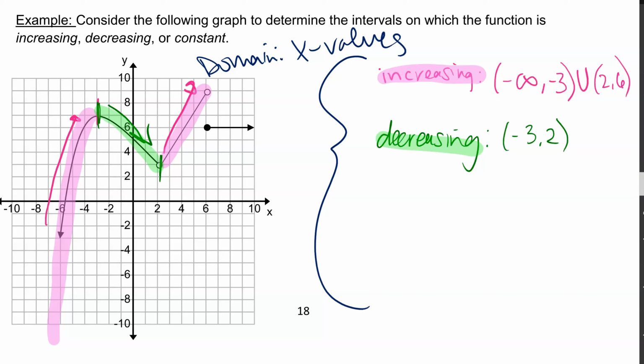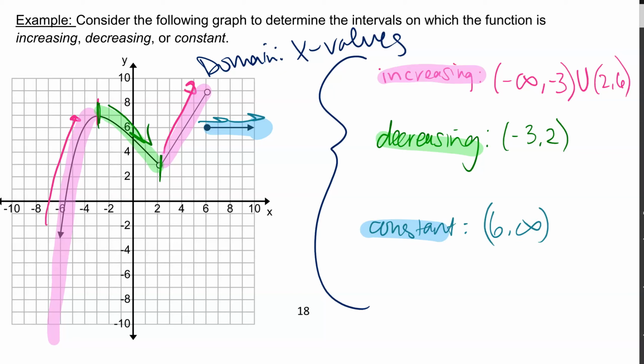And notice at x equals 2, we're switching from decreasing to increasing. And then lastly, we look for where it is constant. All right, so it's pretty flat right here. So it's going to be constant from 6 to infinity. And notice I'm not including 6.